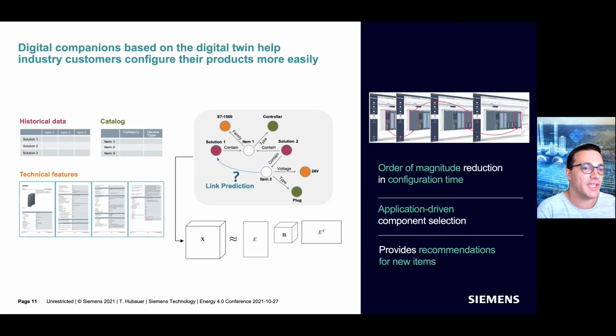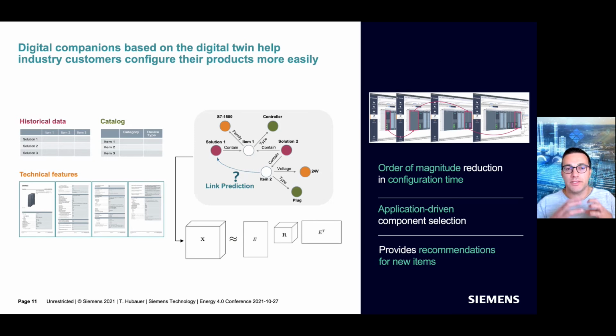Jumping to a slightly different domain here, we're now in industry, configuring industrial IT systems, or industrial OT systems, industrial automation systems. And here, what we've developed are so-called sequential recommenders. It's a challenging task, even if you have your components, to set them up in the proper way.